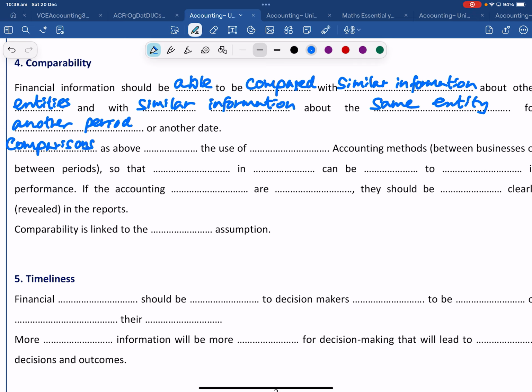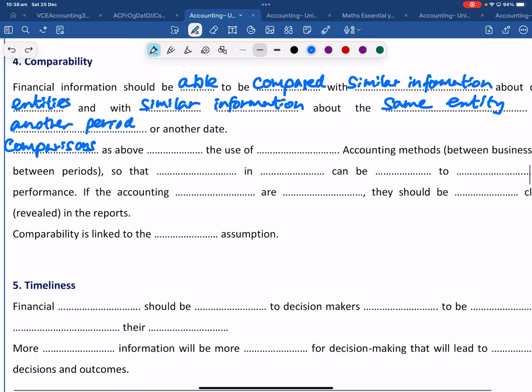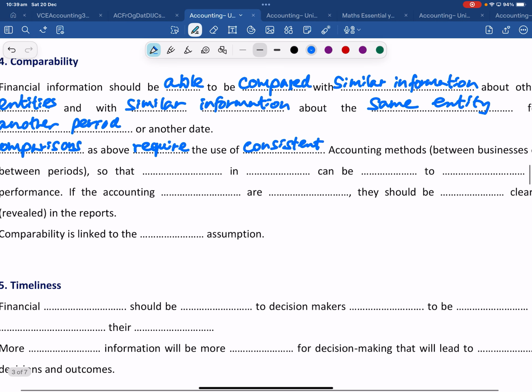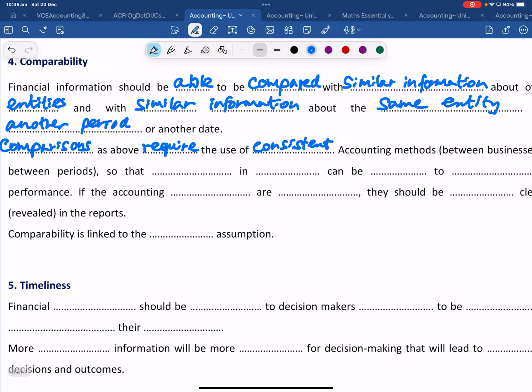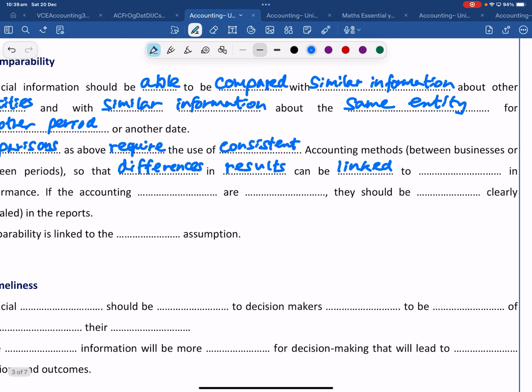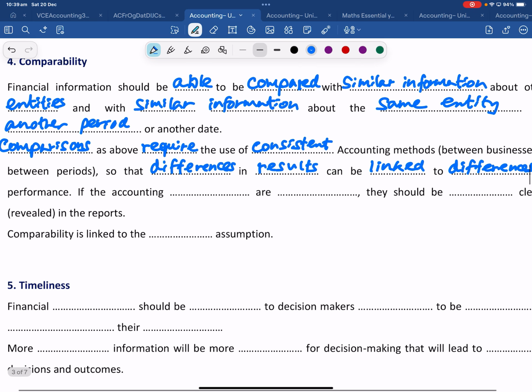as above require the use of consistent accounting methods between businesses or between periods so that differences in results can be linked to differences in performance.